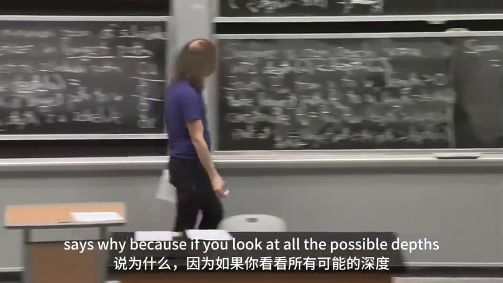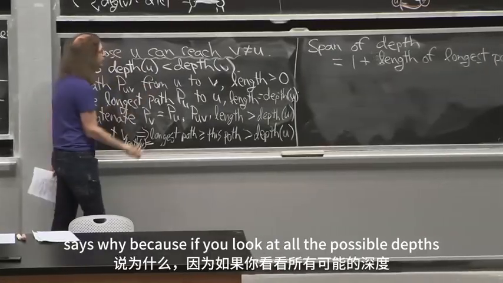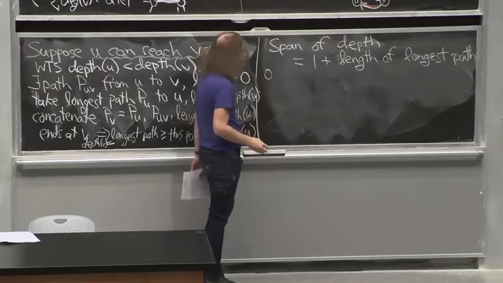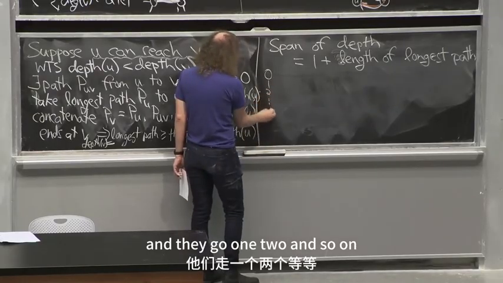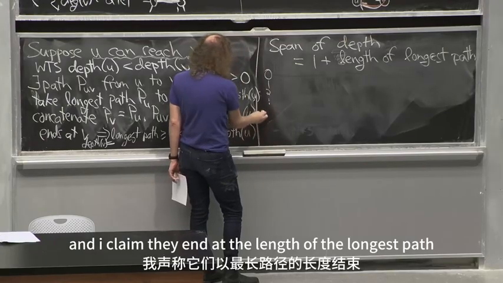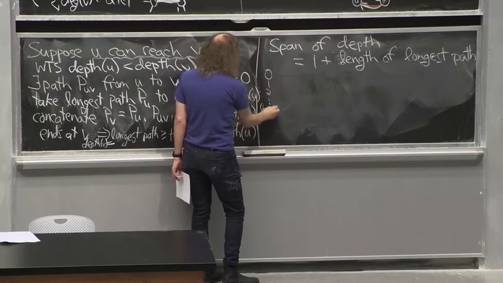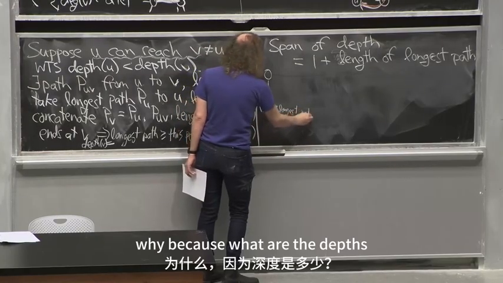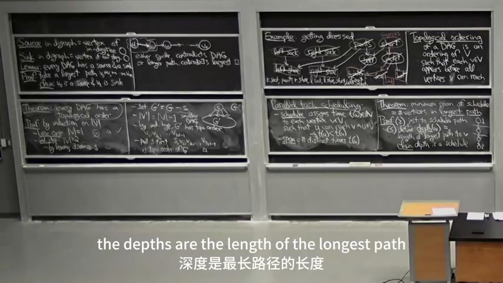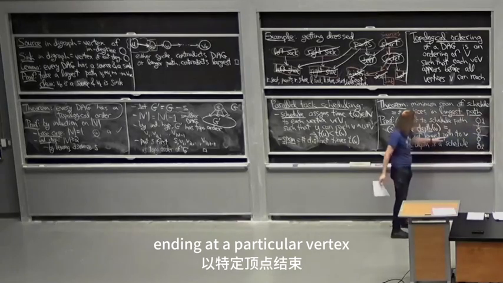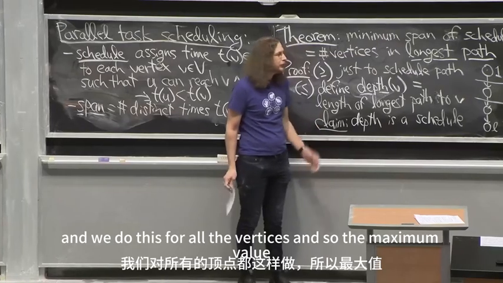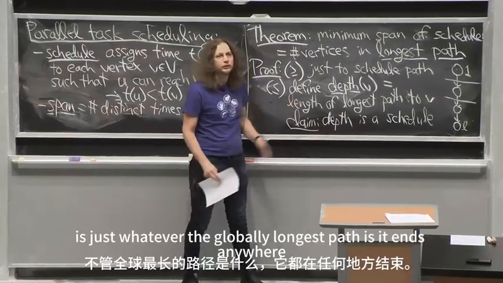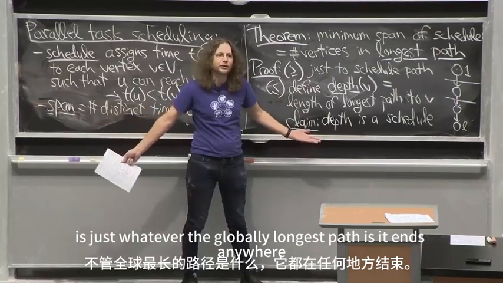Why? Because if you look at all the possible depths, they start at 0. All the sources are going to get depth 0, and they go 1, 2, and so on. And I claim they end at the length of the longest path. Why? Because the depths are the length of the longest path ending at a particular vertex, and we do this for all the vertices. So the maximum value this is going to take on is whatever the globally longest path is that ends anywhere.